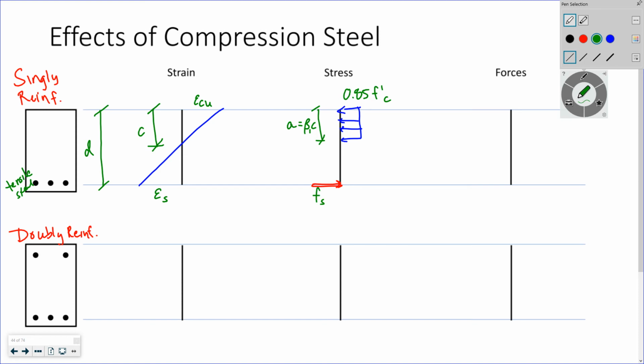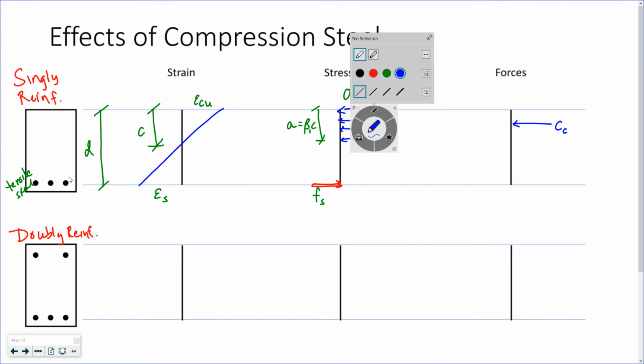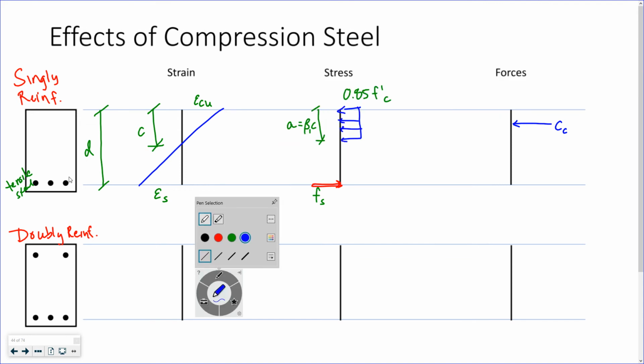If it's yielded, if our strain is beyond yield strain, it'd be Fy, but it's Fs generically. And then we resolve those into forces, which is C sub C, the compression force in our concrete, and T, which is the tensile force related to our steel.